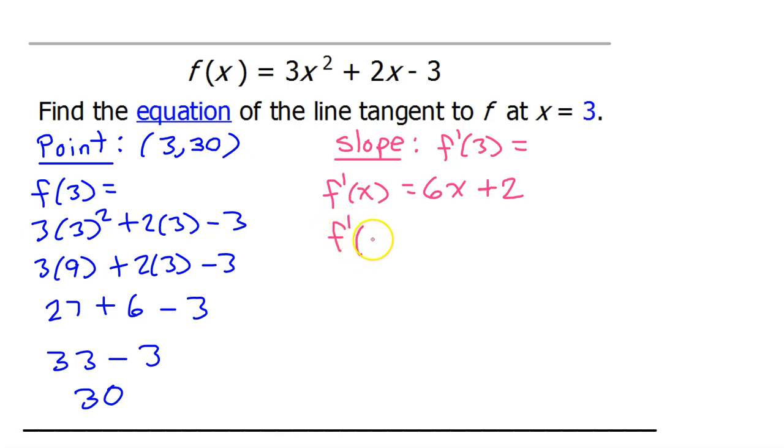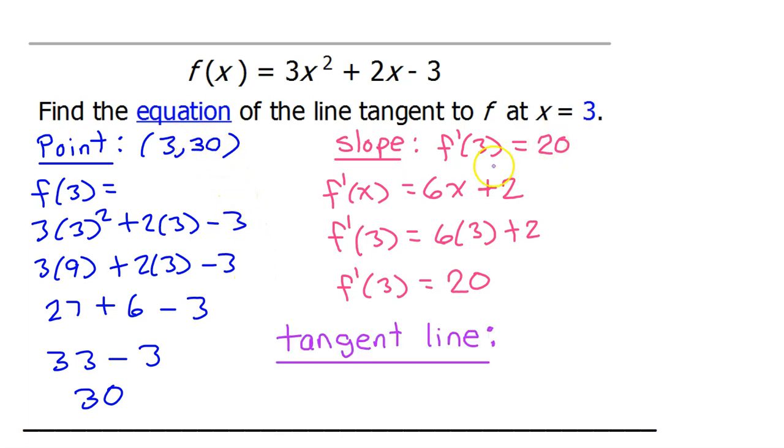So f prime at 3 will be 6 times 3 plus 2. That's 18 plus 2. I'm just going to go ahead and write 20. So that's the slope.